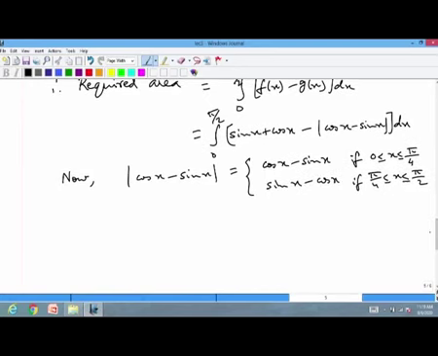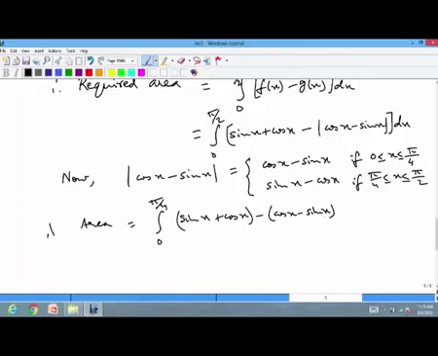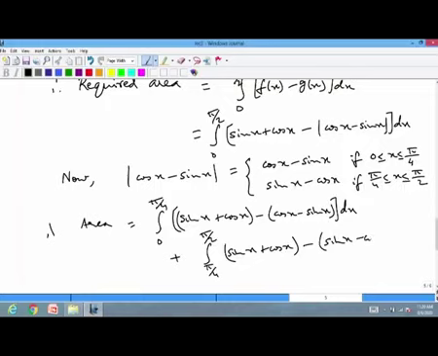Therefore, this integral we can write as the integral from 0 to pi by 4 of sin x plus cos x minus cos x minus sin x dx, plus the integral from pi by 4 to pi by 2 of sin x plus cos x minus sin x minus cos x dx.